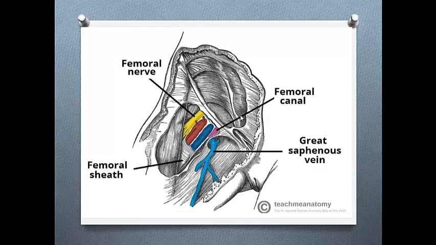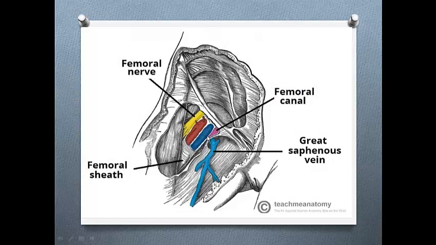Okay, so let's go back to that picture again. Notice here, this is the femoral sheath covering the femoral artery and the vein, and in here, these white lines are the fibrous septa that separate the femoral sheath into internal compartments. So notice how you've got the artery by itself, and you've got the vein in its own compartment.